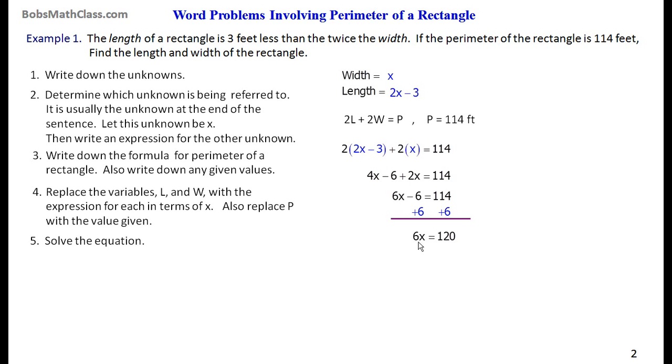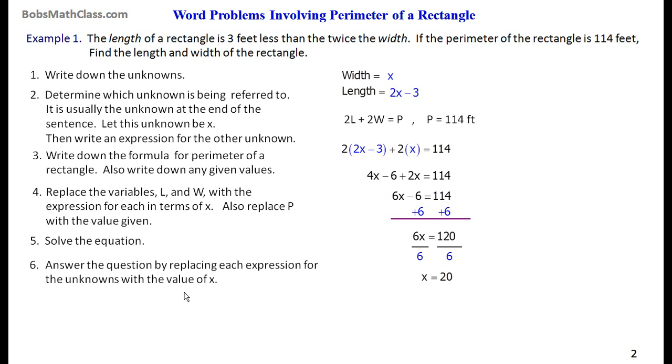Next step is to divide by 6 on both sides. So x is equal to 20. We've solved the equation, but we're not done. Answer the question by replacing each expression for the unknowns with the value of x. So we're going to take this 20, go back to our unknowns, and replace each x with that value of 20.